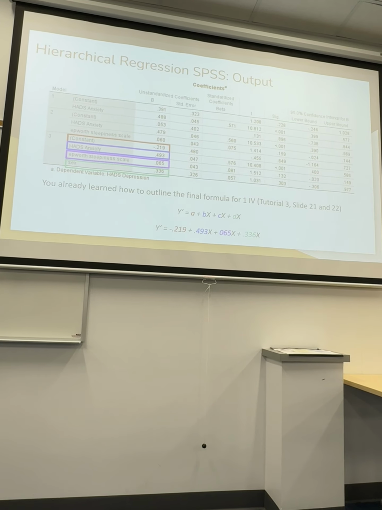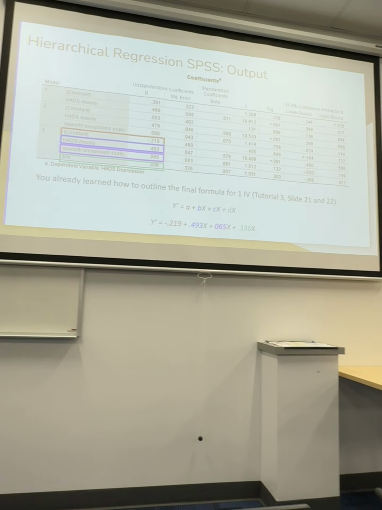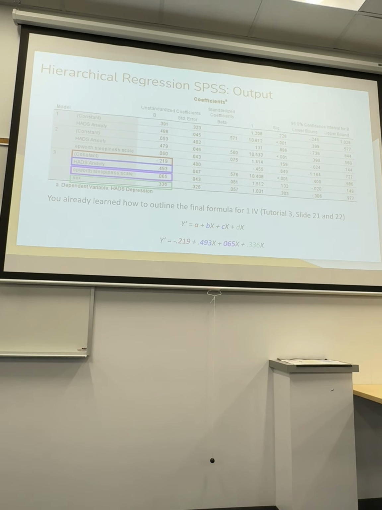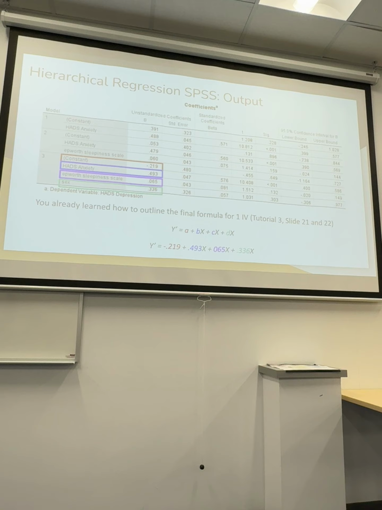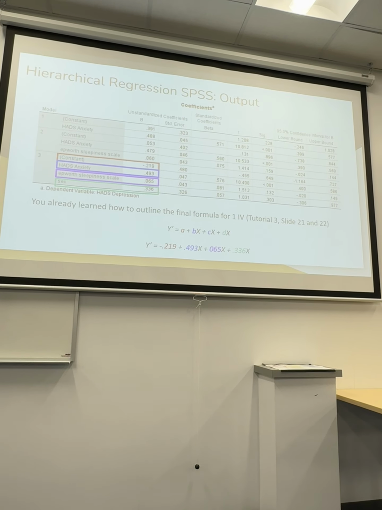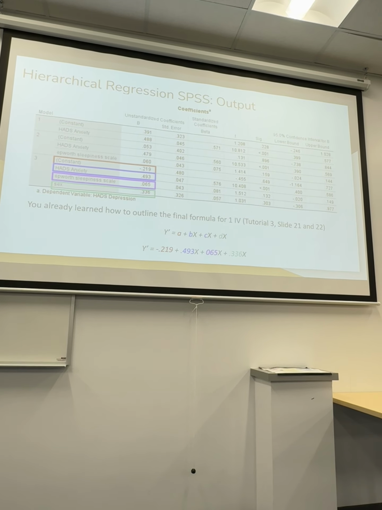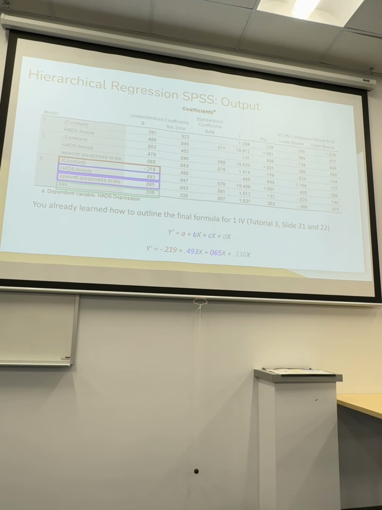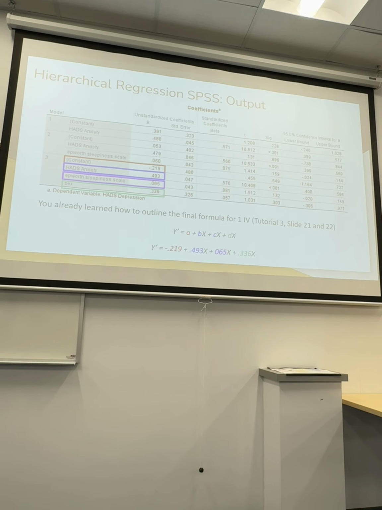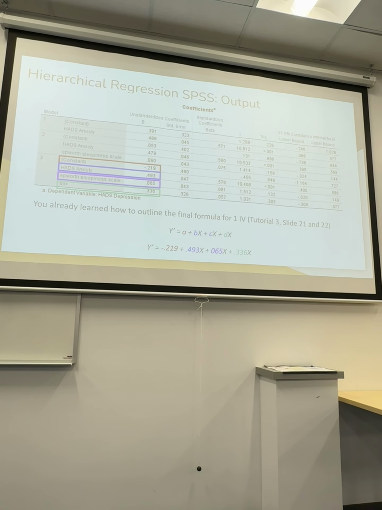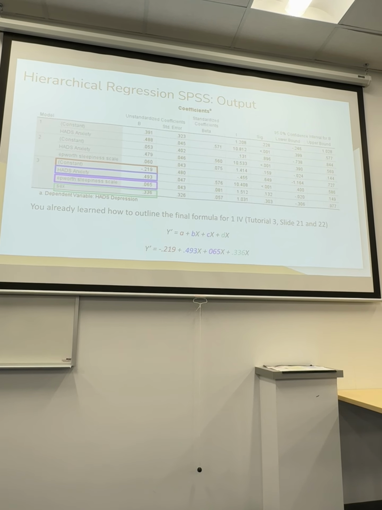Now we have anxiety with our beta and our x value. So basically, we need our beta value, 0.493x. In this case, it would be an anxiety score.